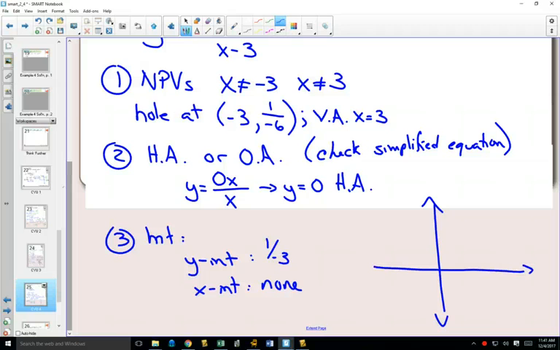So we're going to find out after we graph what we know so far if we need some additional points. We know that at x equals 3, we have a vertical asymptote. We know at y equals 0, we have a horizontal asymptote. And we know that -1/3 is our y-intercept.